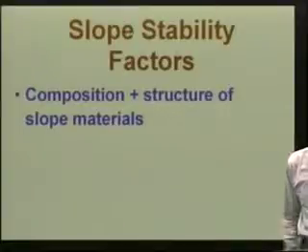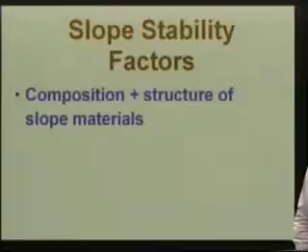Now, composition refers to what kind of rock type it might be: igneous, sedimentary, or metamorphic. It could be unconsolidated material like sand, silt, clay, different styles that are unconsolidated.